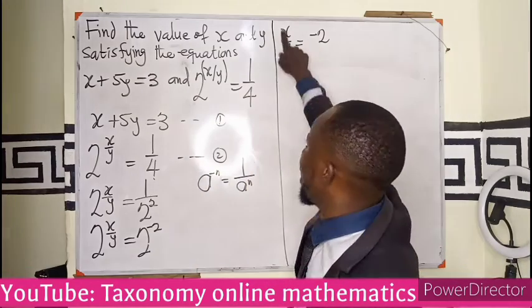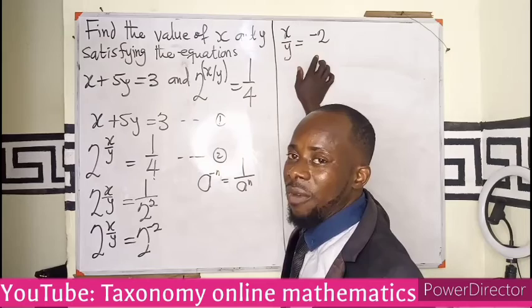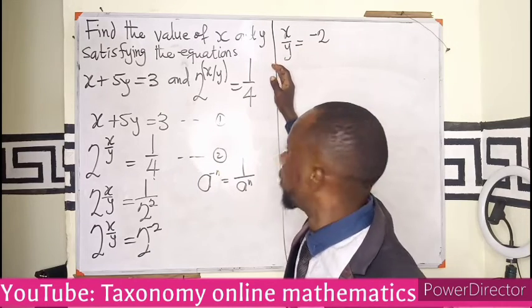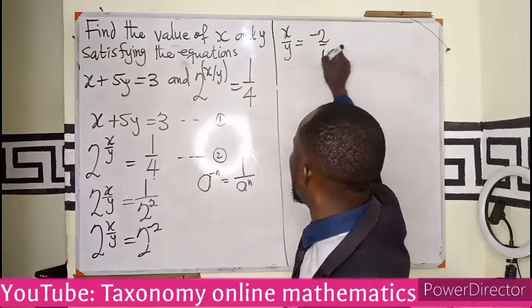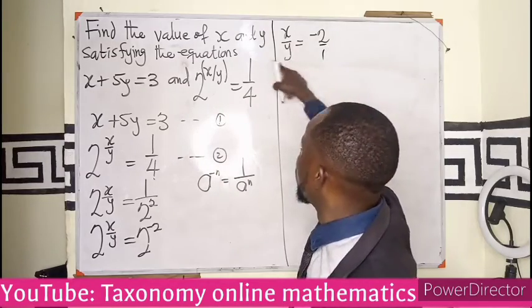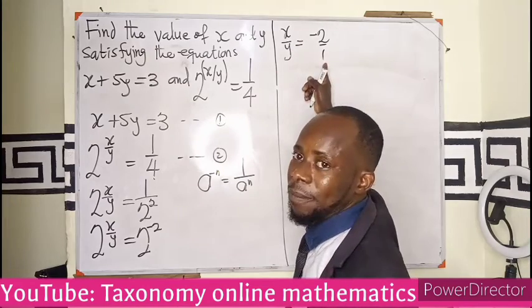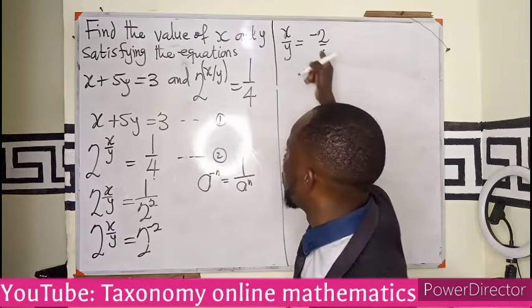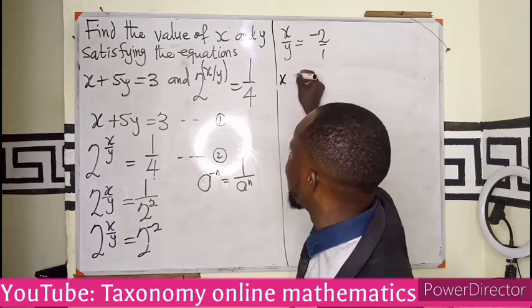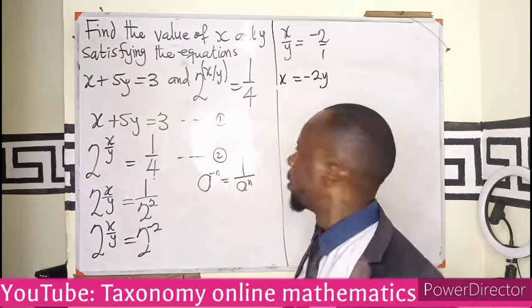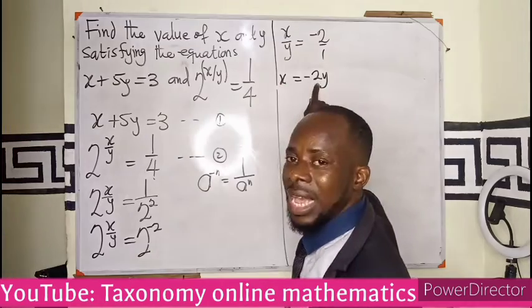This is also an equation involving a fraction, where we can clear the fraction by using the LCM, which in this case will be y. There is a 1 here. So multiply through by y, or better still, cross multiply. If I cross multiply, I have x = -2y, involving x and y.